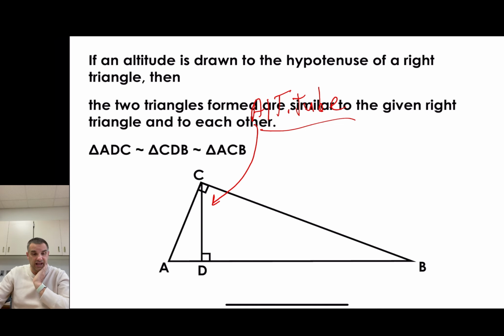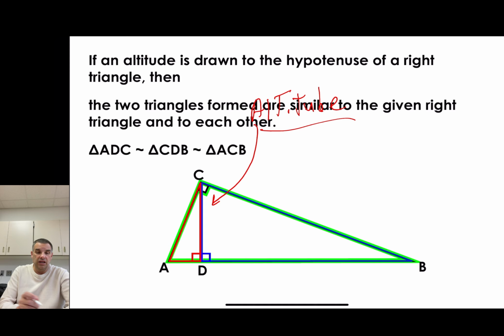We've got triangle ADC, which is that triangle right there. We've got triangle CDB, which is that triangle right there. And we've got triangle ACB, which is that whole thing. And now you'll notice that these are going to be similar to each other.